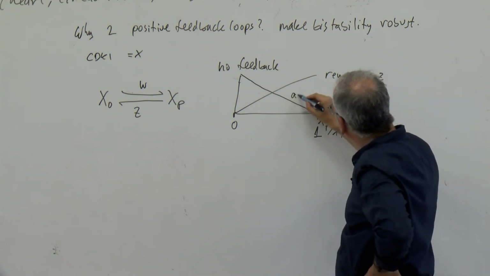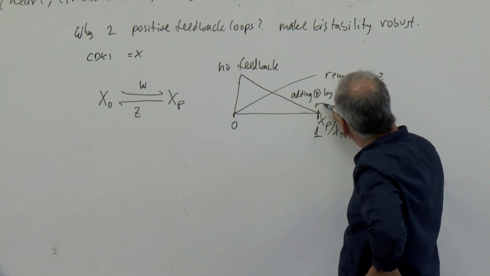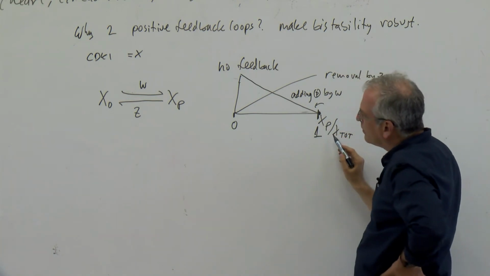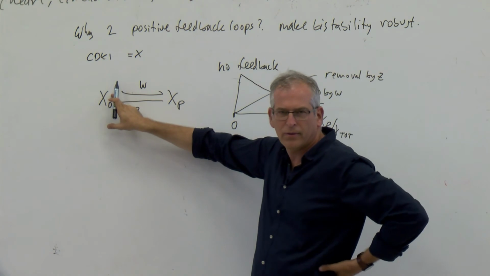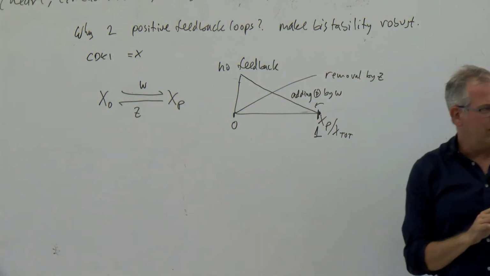So I just want to tell you that it has to go down to 0 here. This is adding phosphoryl by W. It has to go down to 0 because when all X is phosphorylated, there's nothing for W to work on. Right, so these two lines, did I explain myself?